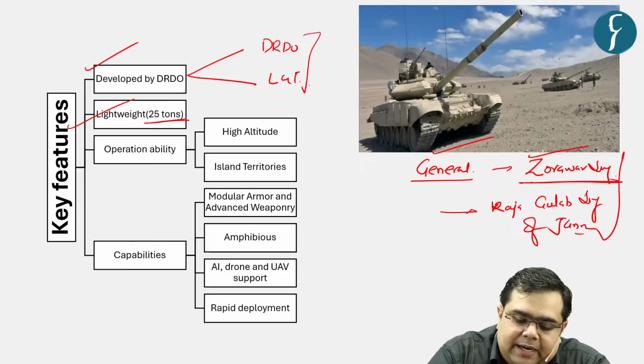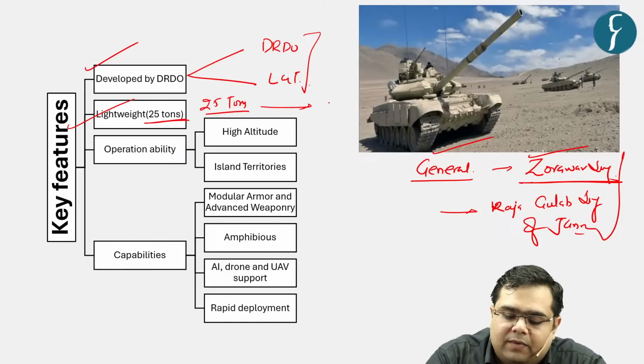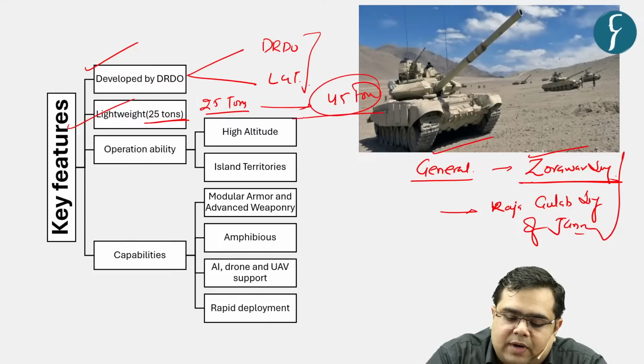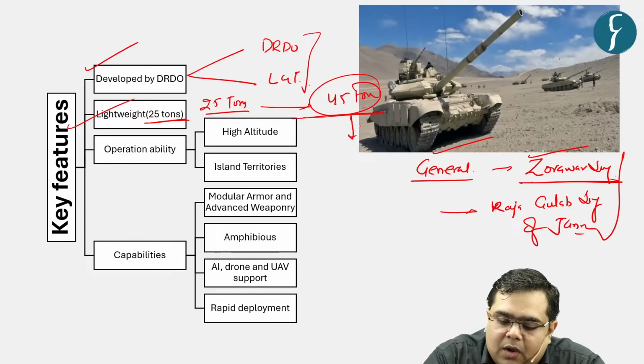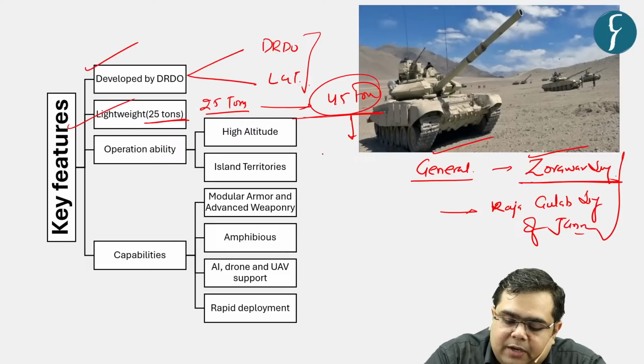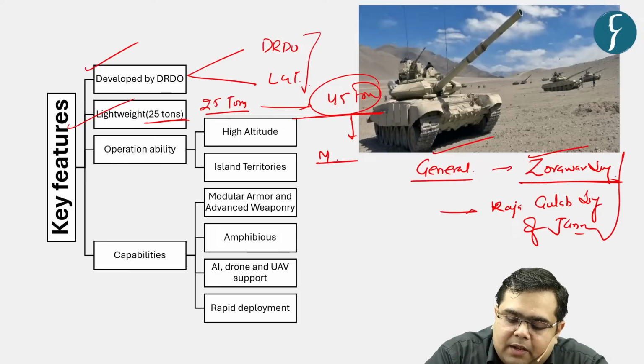For example, it is weighing only 25 tons. However, the weight of Arjun is close to 45 tons. It is almost 20 tons lighter, and that is how it becomes important, because it makes the tank more maneuverable, right?